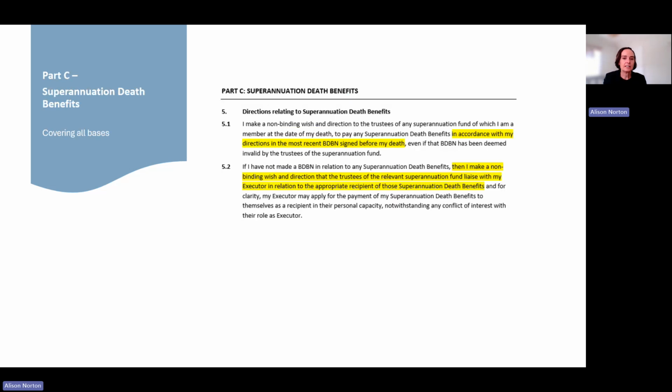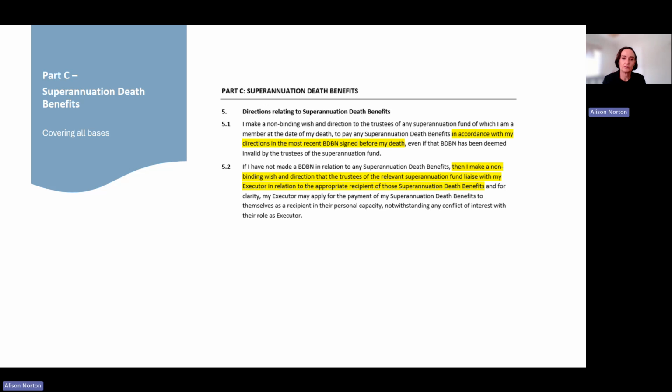There is this Part C, superannuation death benefits. So what we're attempting to do here is to cover all bases. So if your binding death benefit nomination is not up to date, or if you haven't made one, then this is what this clause is for. We're trying to get your super to the people that you want your super to go to.